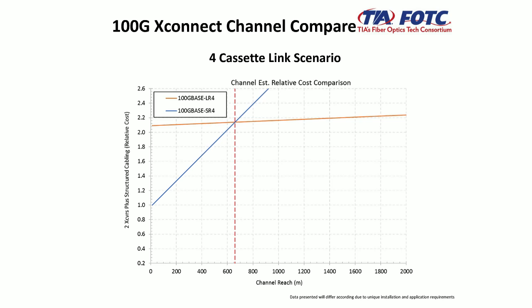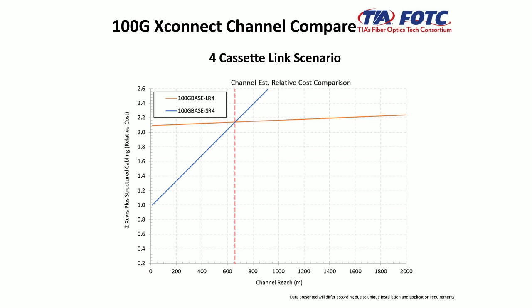Now, if the link is near 0, I've got basically a very short link. I think I started at 1 meter or something like that. I've got a very short link, and I've got these components here. The components of the single mode solution are cheaper because I've got 1/6 of the cassettes associated with each channel. The multi-mode version is a little bit more expensive because I have MPO couplers and MPO connectors for each channel.